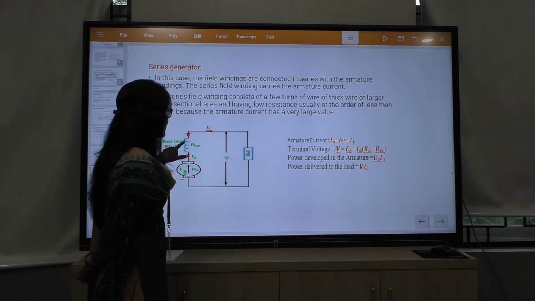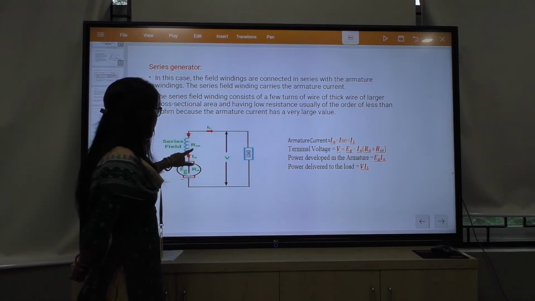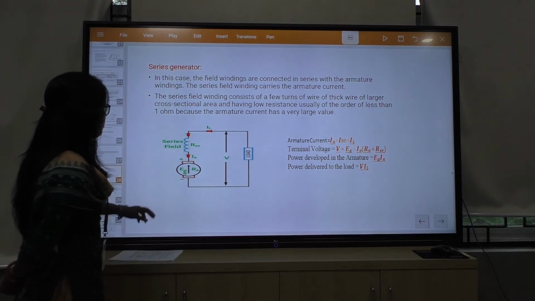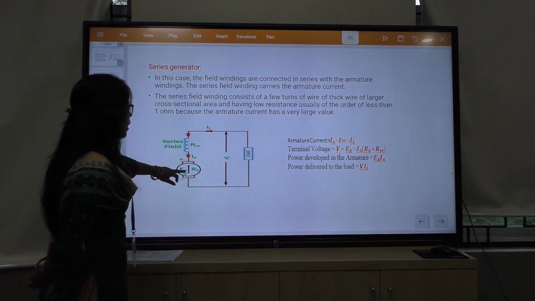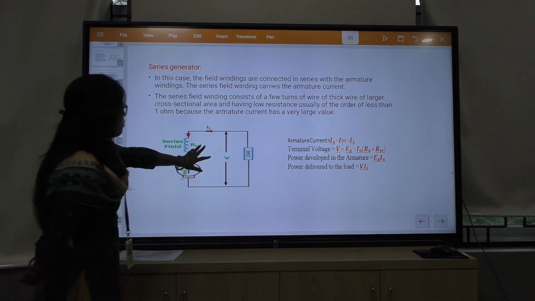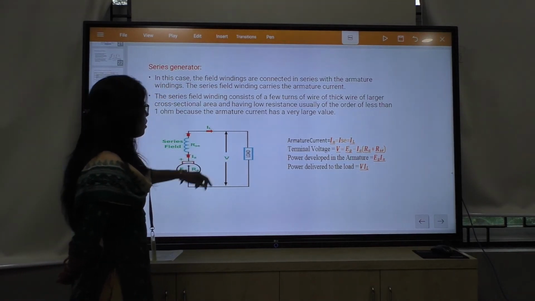Here Ia is equal to Isc, and that is equal to IL. The power developed in the armature is Eg into Ia. So, the power delivered to the load is equal to V into IL, where IL is the load current.